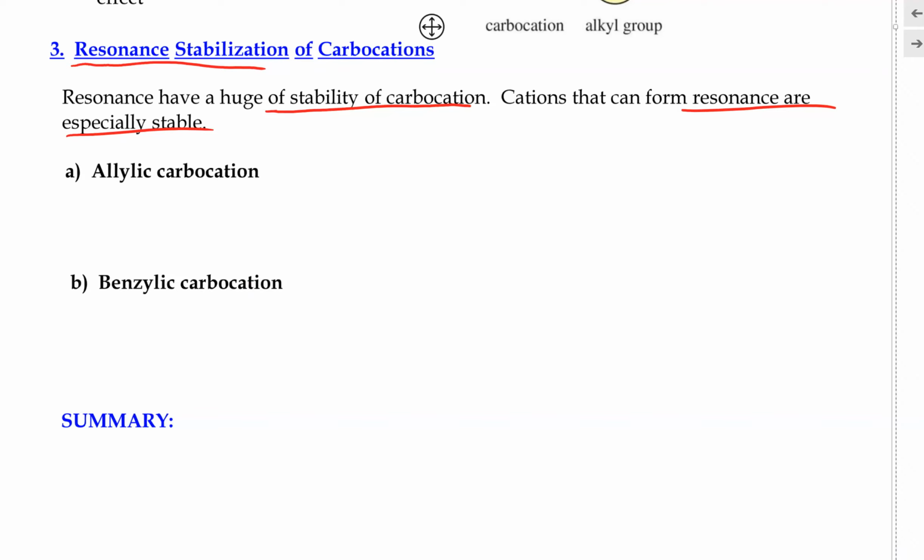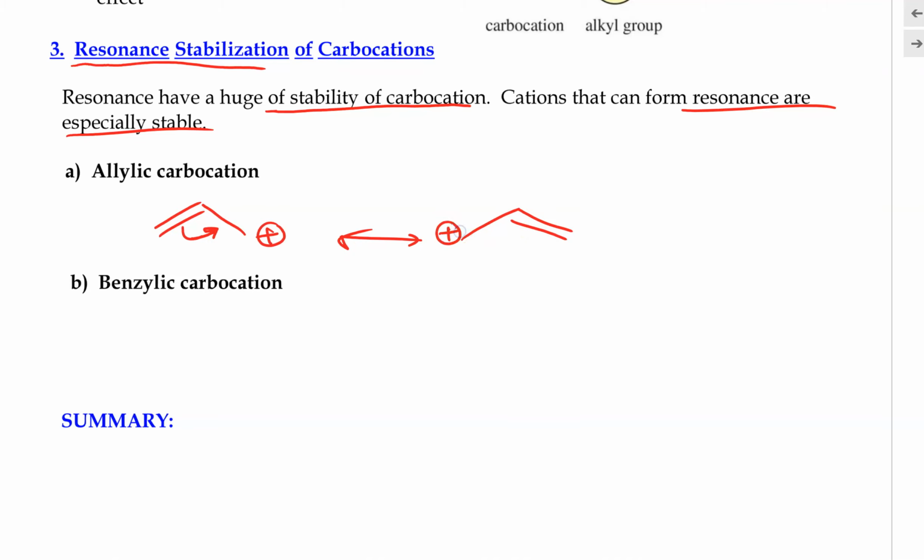In the allylic carbocation, for example, here it is. We can draw resonance with this electron moving over, and we are now producing the other resonance structure over here. What this allows us to do is shift the location of the cation from this carbon to the other carbon.